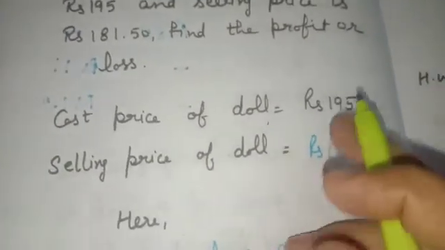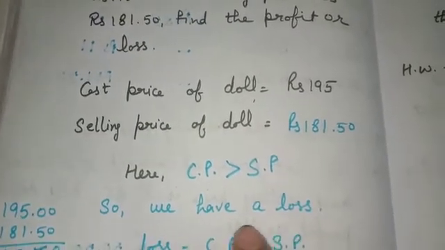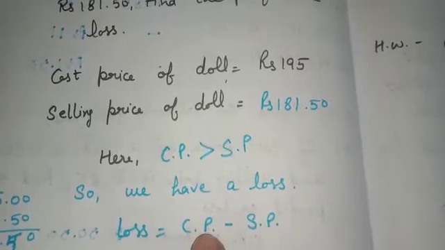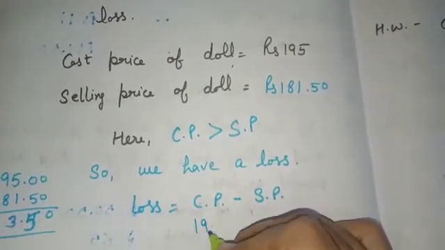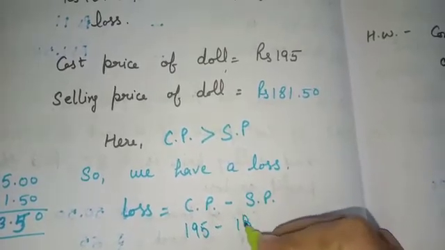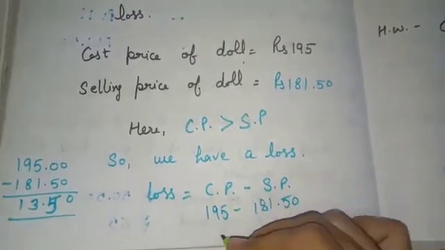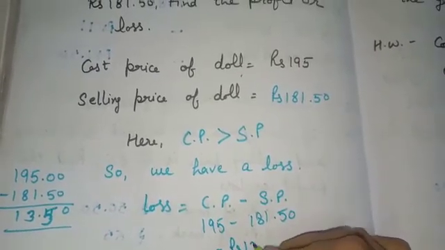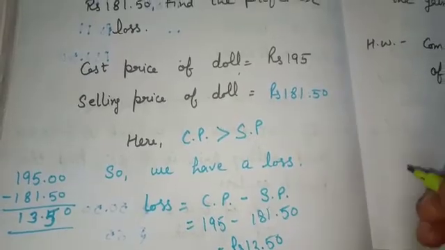Then here cost price is greater than selling price, so we have a loss, and the formula for loss is cost price minus selling price, meaning 195 minus 181.50, and when I subtract I'll get the answer rupees 13.50. Don't forget to write rupees after this step.